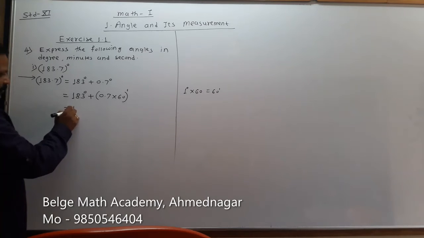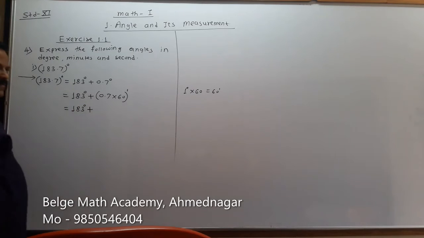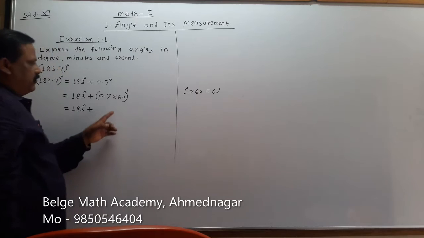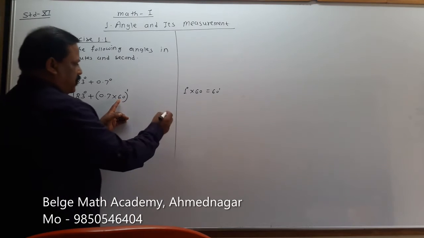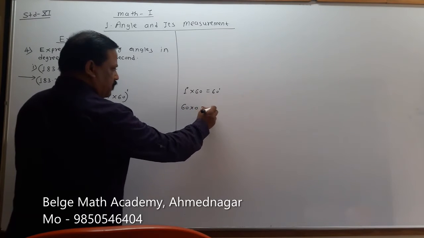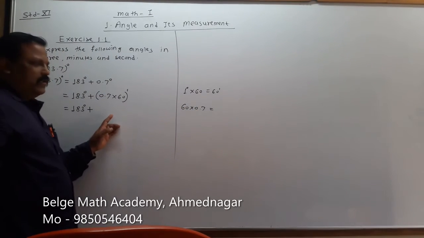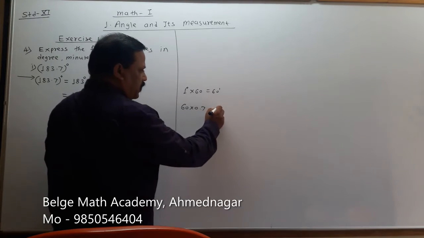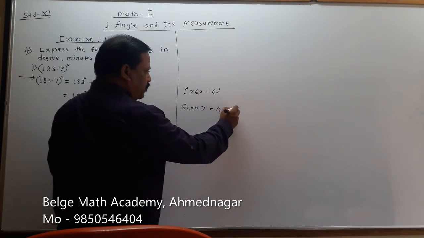In the next step, 183 degree plus, taking this multiplication, 60 multiplied by 0.7, that multiplication is 7 multiplied by 6, that is 42.00.